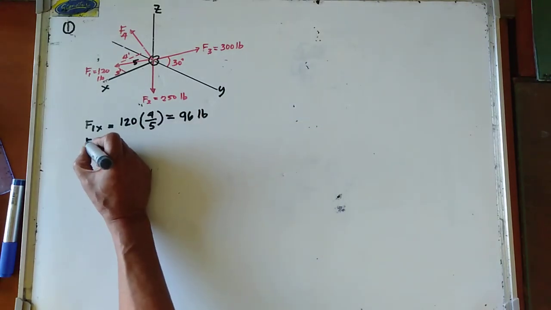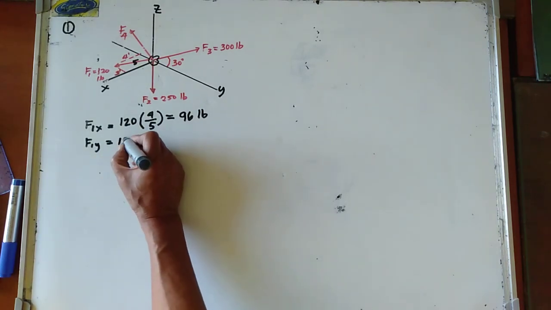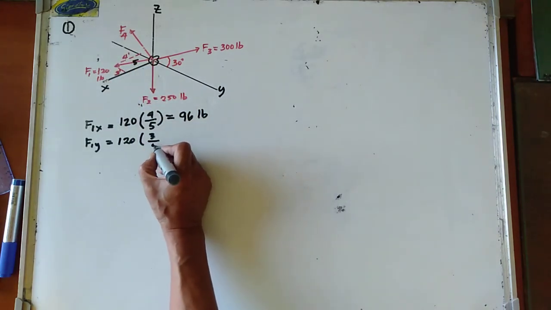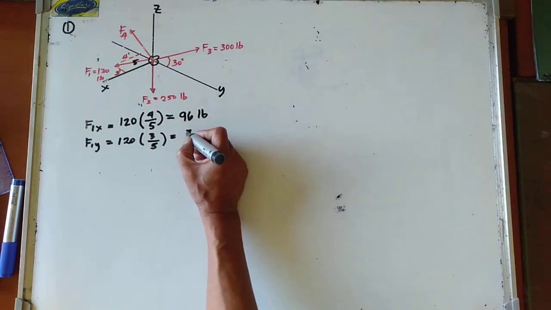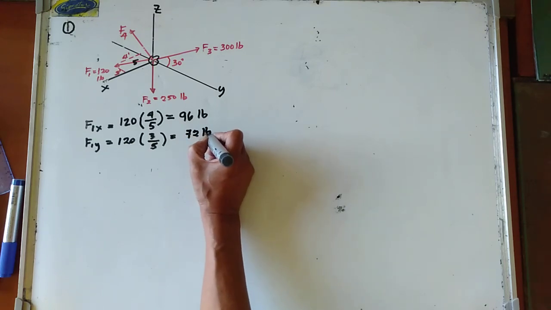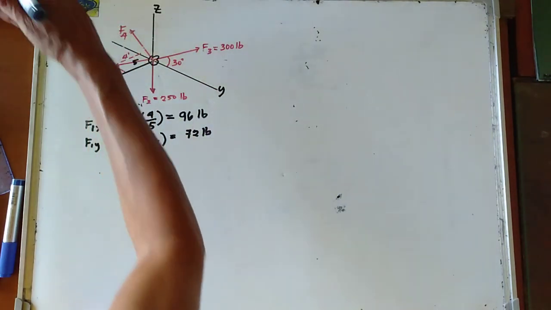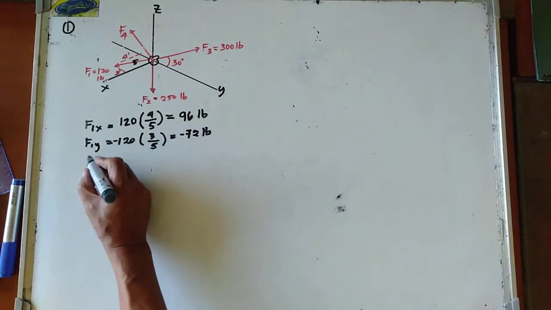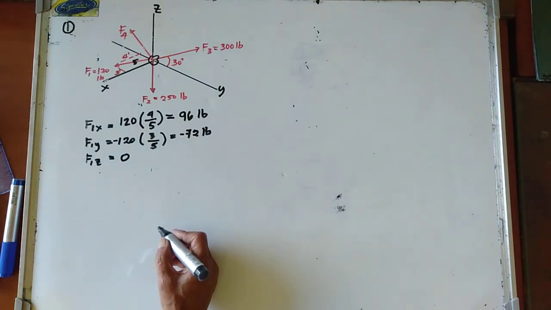Now, your F1y is equal to 120 times the y slope, which is 3 over 5, or this is equal to 72 pounds. Take note that the y component is going to the left, hence this is negative. Now, your F1 has no component in the z-axis, and therefore this is equal to 0.